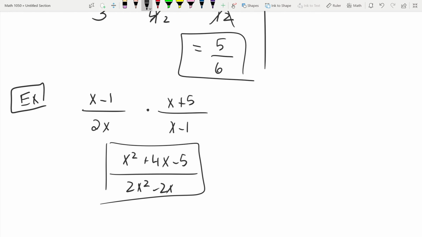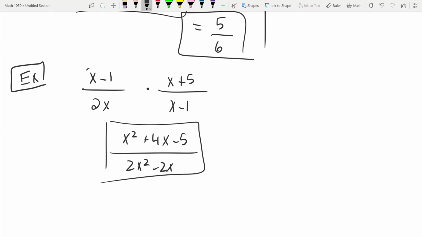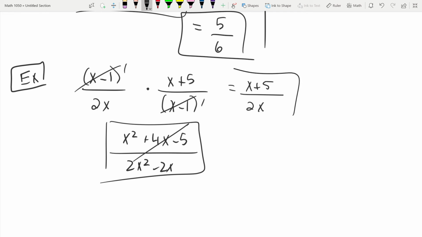That's why I think canceling the way I did, the way I prefer right here, is better because look, see this x minus 1 on the top and the x minus 1 on the bottom? Those cancel. They both technically become 1s. So then 1 times x plus 5 is x plus 5. 2x times 1 is 2x. That's your answer. This is correct, but it's not simplified, so you're not going to get credit.